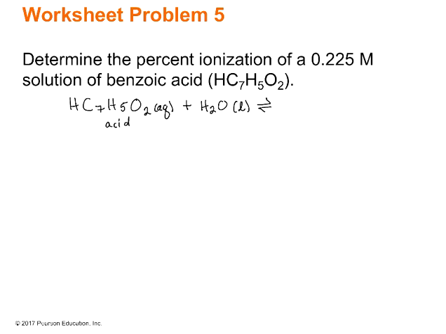It's in the name. And then water is the base. So the acid is going to donate a hydrogen ion to the base. So we'll end up with our conjugate base, which is C7H5O2-, and then the conjugate acid, which is H3O+.